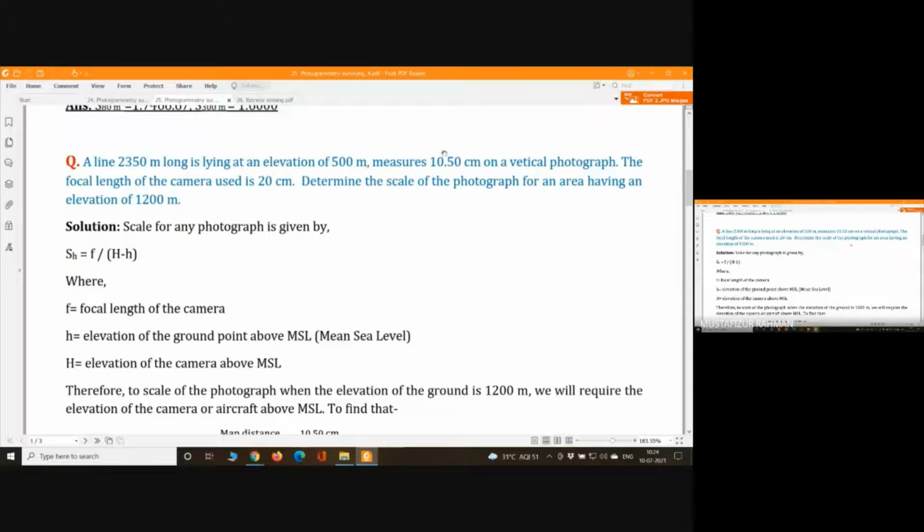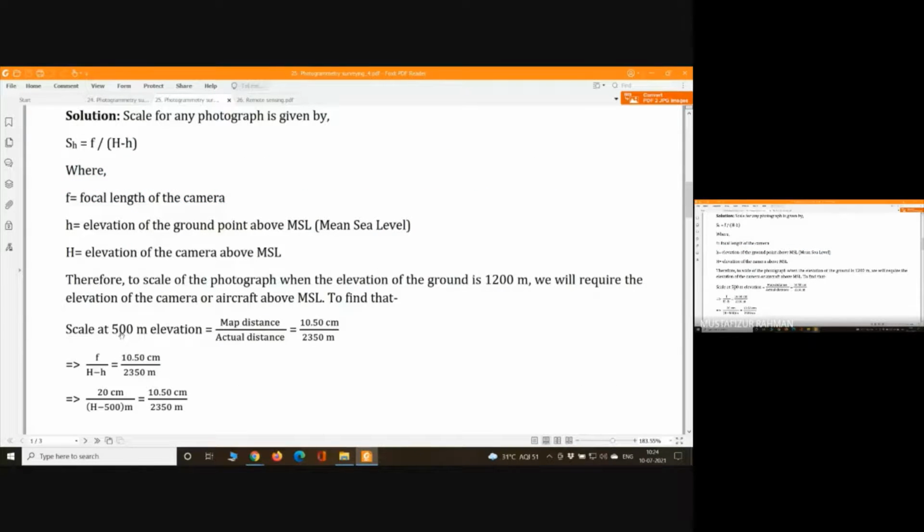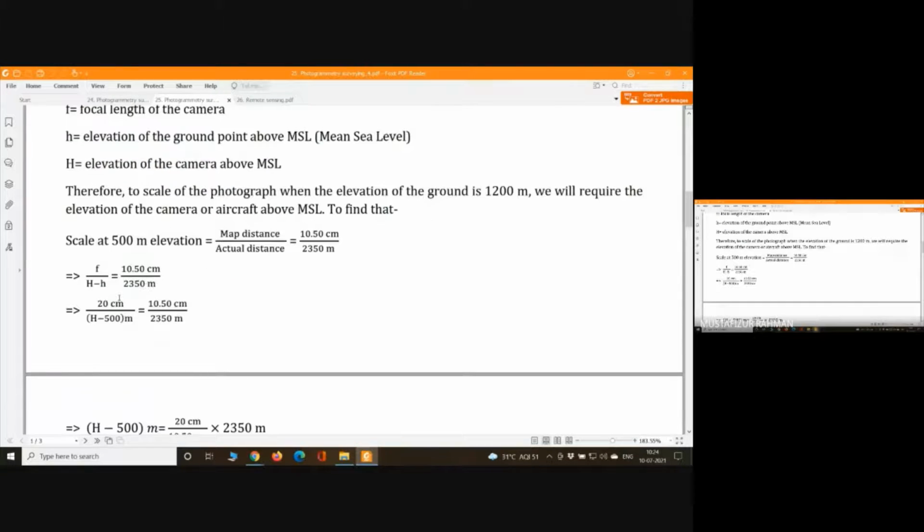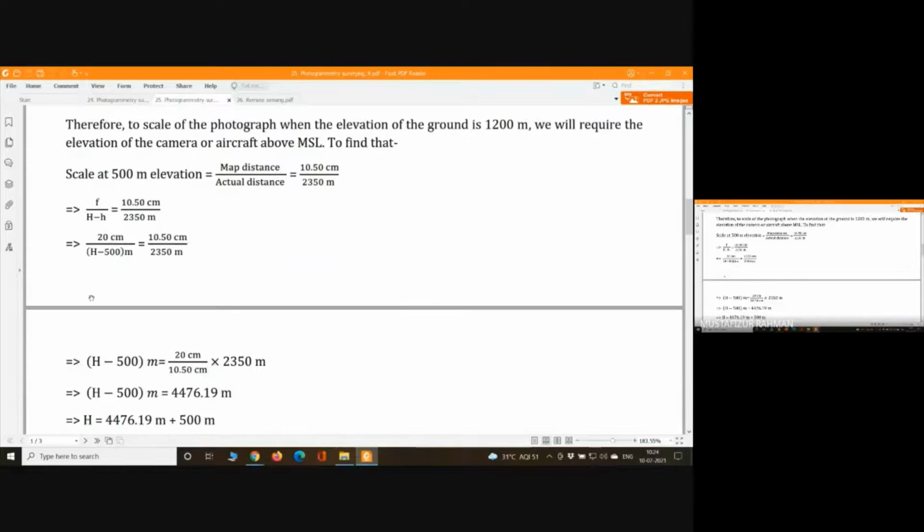So from there we can find out the scale. So scale at 500 meter elevation will be map distance by actual distance, right? So here we are replacing the left hand side by the formula for the scale. We are writing the same thing on the other side. So 20 centimeter, capital H, and 500 meter. From here, we shall find out what capital H is.